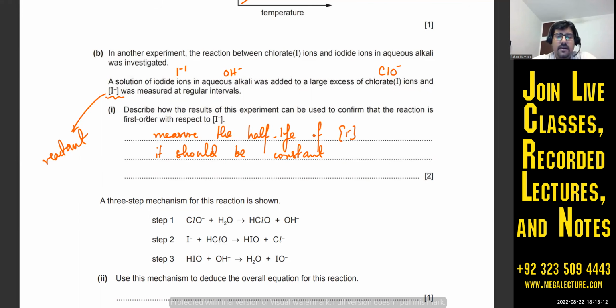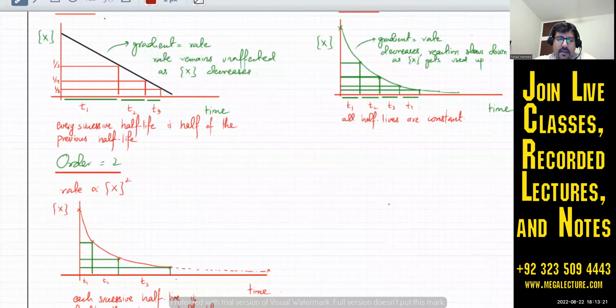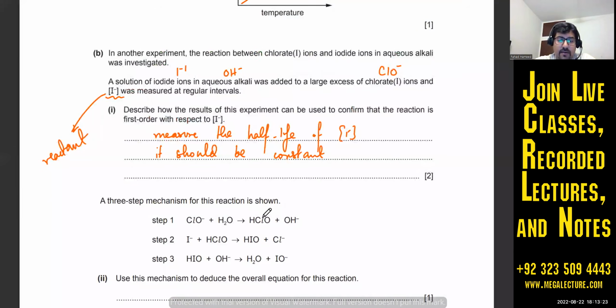It's going to give you a curve. Order 1 means the half-life would be constant. An order 1 graph would look like this. So that's the half-life part done.